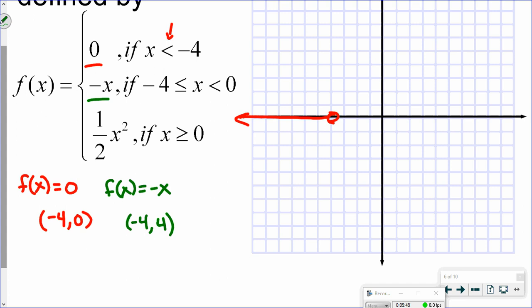And then if I plug in 0 for x, I also get 0 for y. Okay, so -4, +4. And because of the equal to, it'll be a closed circle. And then at 0, 0, there will be an open circle.